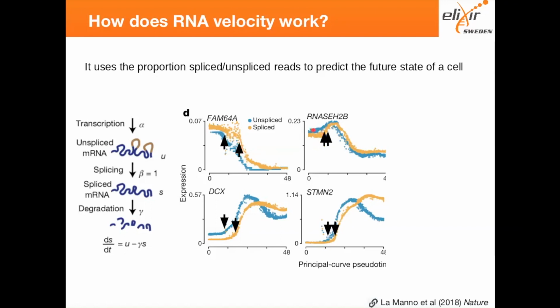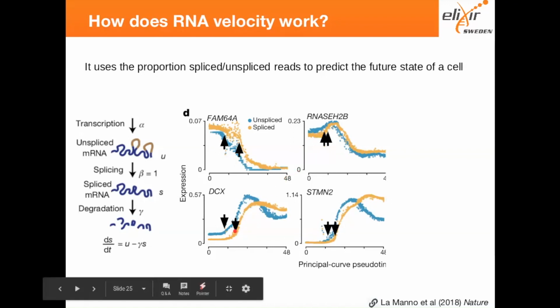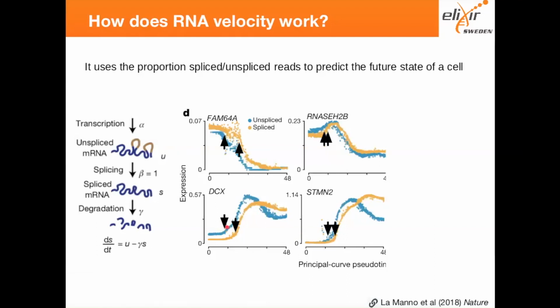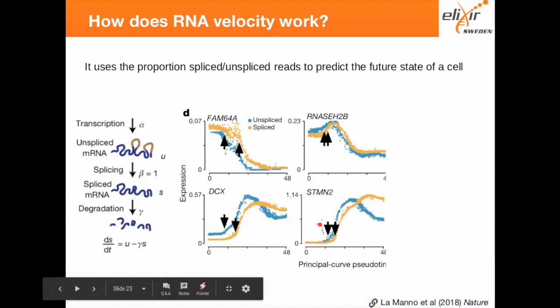They start increasing the unspliced first, and then the spliced ones. So each dot here represents a cell, meaning that the unspliced version of that cell is a little bit ahead in pseudotime compared to the spliced version. The same thing here. So the unspliced starts being expressed before the spliced version, and so on.